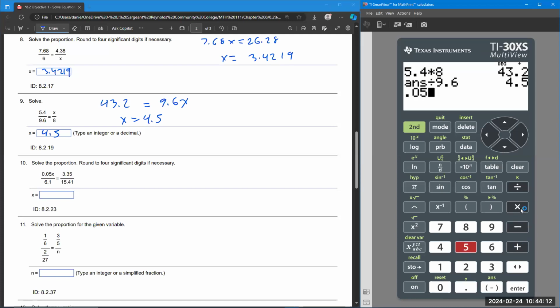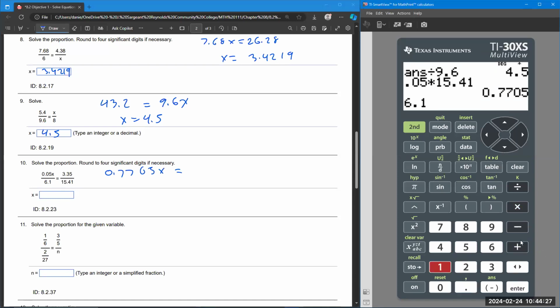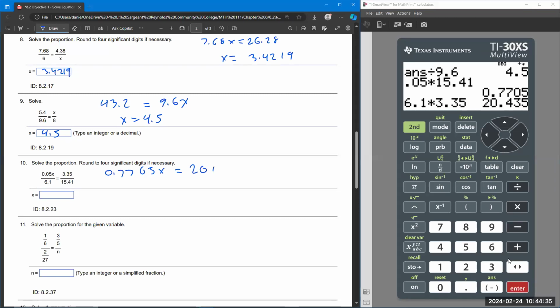0.05 times 15.41, just to get the coefficient here, is 0.7705x. That's going to be equal to 6.1 times 3.35 is 20.435.